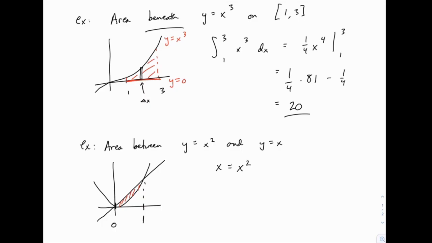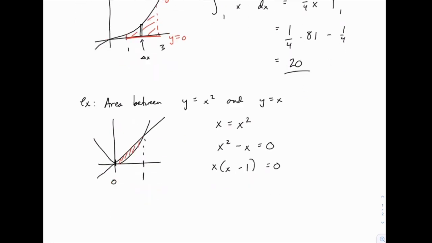A better way to do this is to subtract x on both sides and set up this quadratic equation, which you can solve in this case by factoring. You can factor out an x. And now we're not missing any answers. Now we see the two answers are x equals 0 and x equals 1 based on that quadratic equation. Of course, you could also use the quadratic formula or any other method that applies.